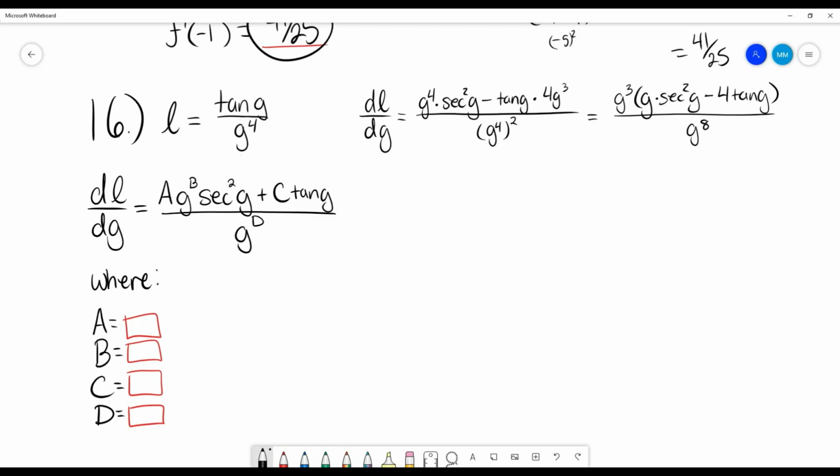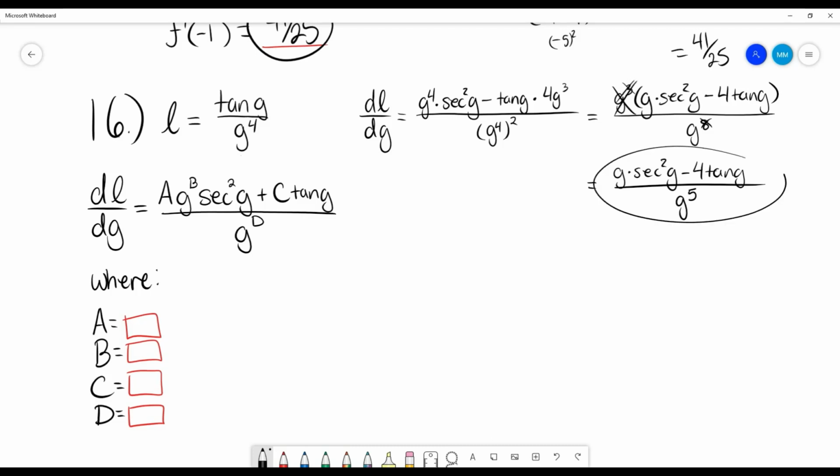And because I factored this out, I can cancel that out, which turns that into just G times secant squared G minus 4 tangent of G. Obviously we're subtracting there, so it's going to be G to the 5th, because 8 minus 3 is 5.